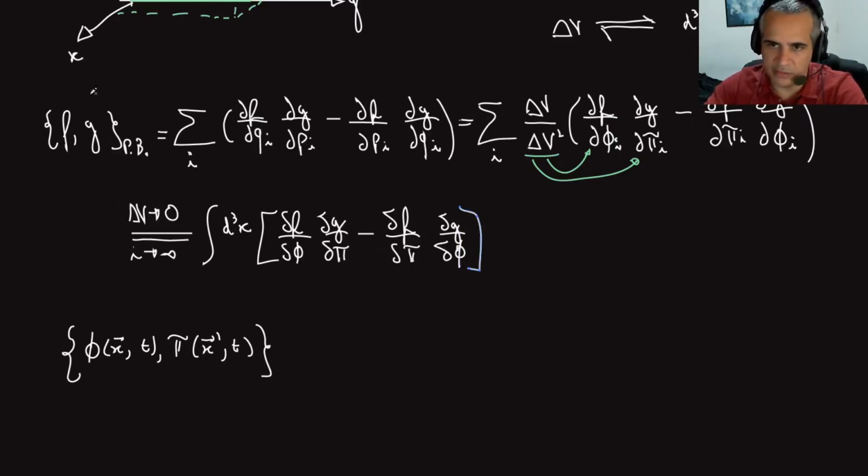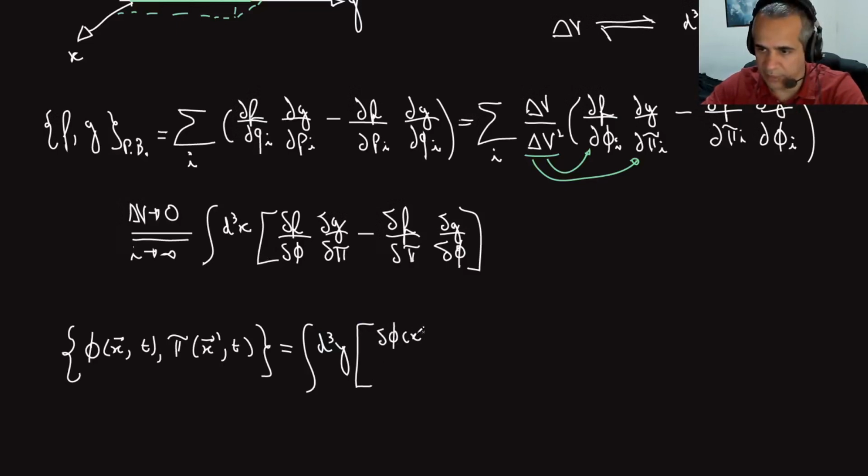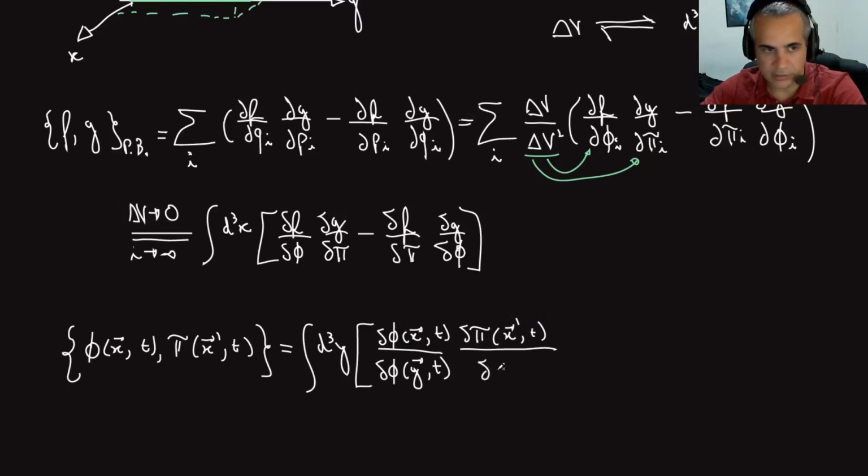So using this definition for the Poisson brackets in the continuum limit is very easy to calculate. I have some integral in space. I'll use this variable y here, right? And I have delta phi of x t in relation to phi of y t times delta pi of x prime t in relation to delta pi of y t.